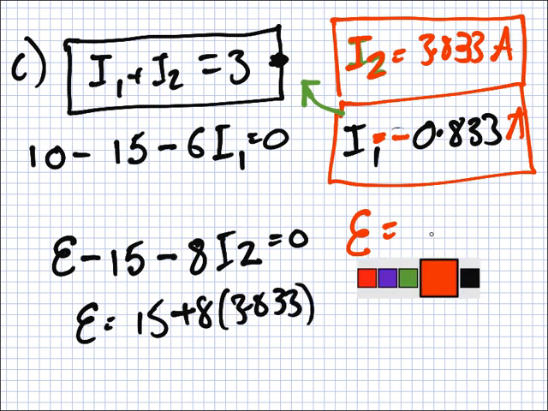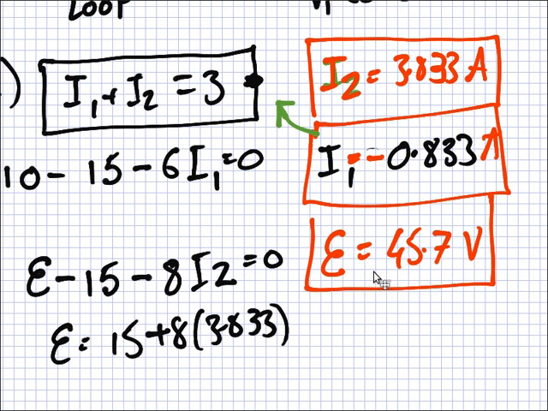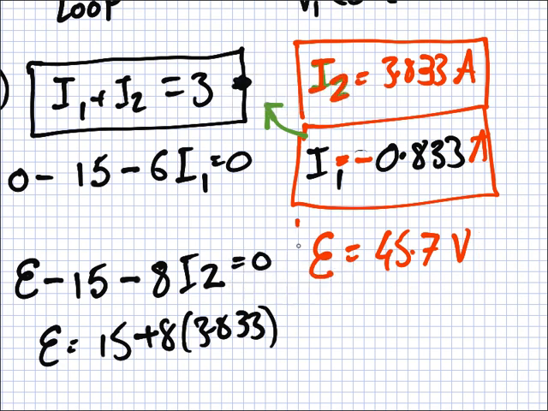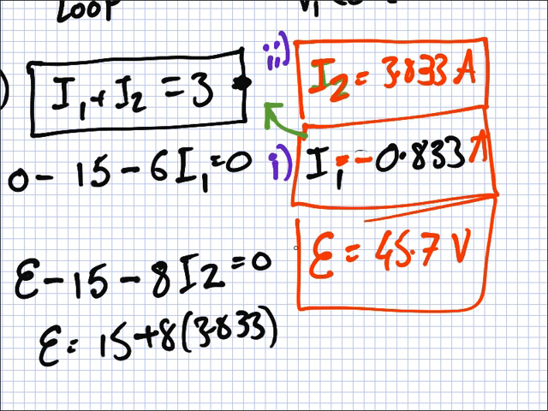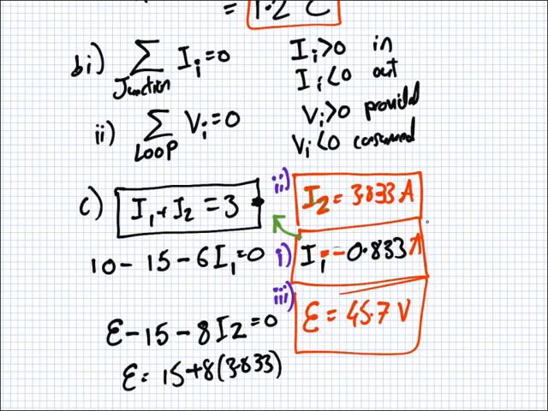So what do we get for E? 45.7. Now what order did I actually do it in? I did it kind of reverse a little bit. I did this part first, this part second, and this part thirdly. Ah, guys, this was an easy question.